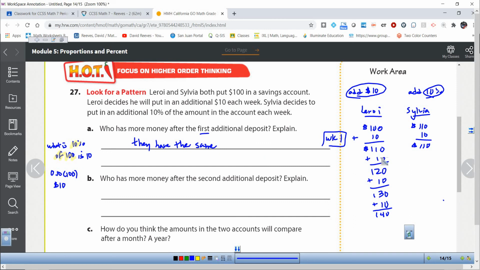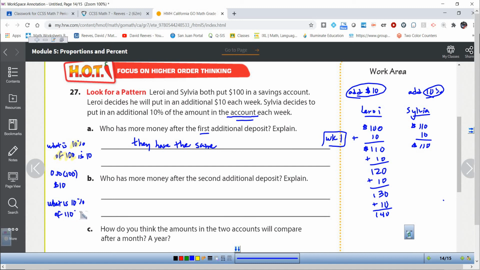All right. So if you're thinking then, well, she's just going to keep adding that amount, same as Leroy, right? But how much does she have now? Now she has $110. She's going to put an additional 10% of the amount in the account. Well, how much is in her account? 110. So now the question is, what is 10% of 110?